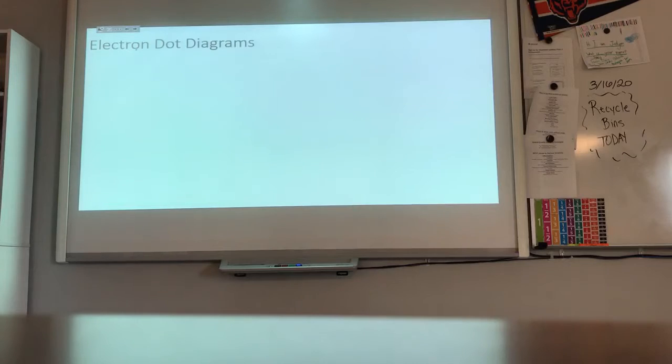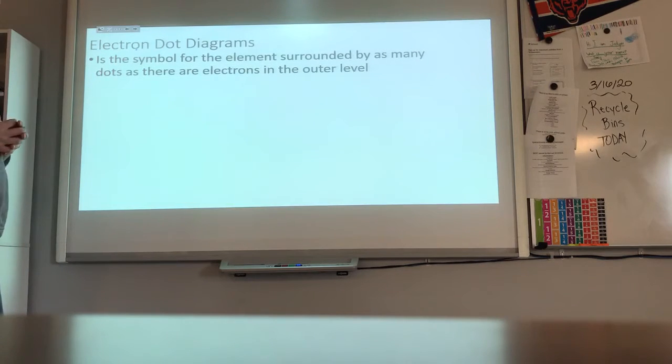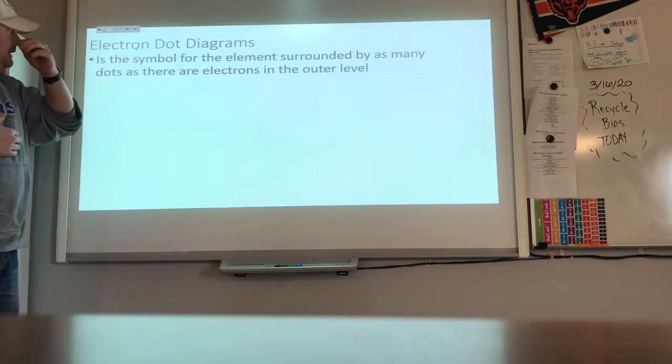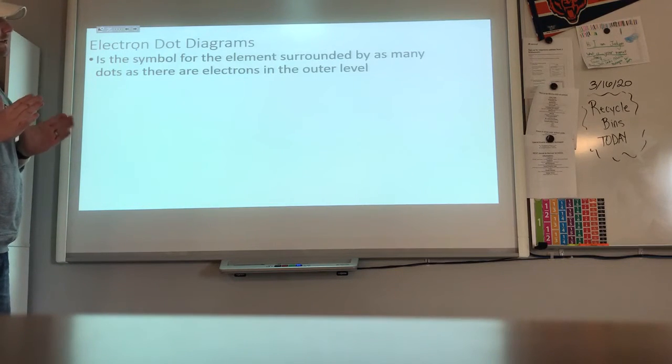So electron dot diagrams are the last thing we're going to talk about, and they'll be very important as we move forward. What they are: it's the symbol for the element, so like hydrogen is H, surrounded by as many dots as there are electrons in the outer level.